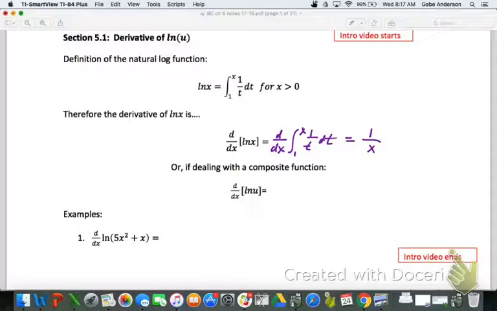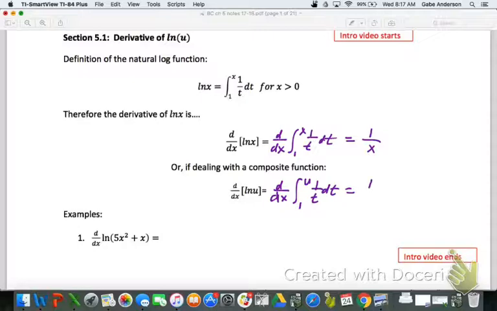If you do have a composite function, that's where the chain rule will apply a little more obviously. So this would be interpreted as d dx of the integral from 1 to u of 1 over t dt. And so again, FTC2 applies, but the chain rule will show up here.